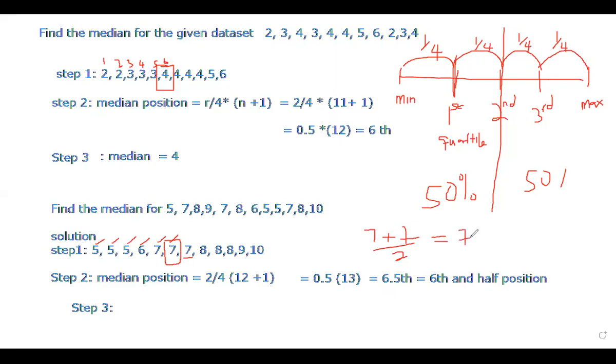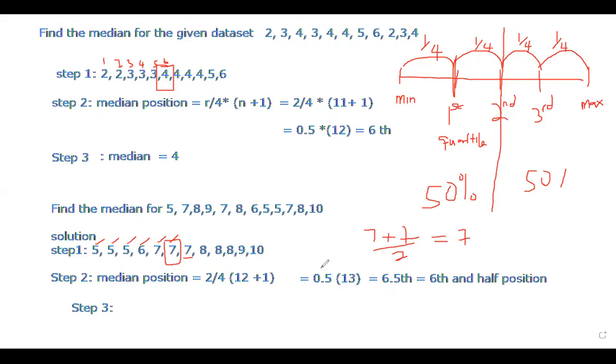So you add the number in the sixth position to the number in the seventh position and divide by 2. That will give you your median. Now there is a general way of doing this, which applies not just to the median but to any quartile at all.